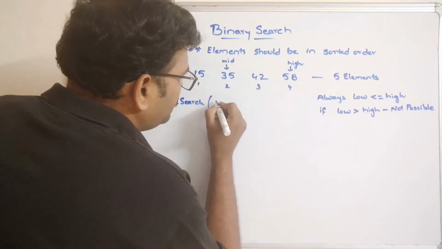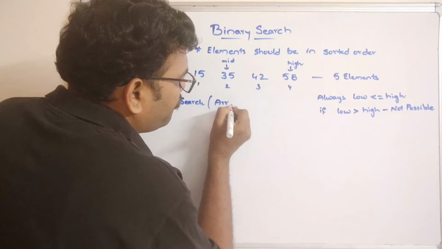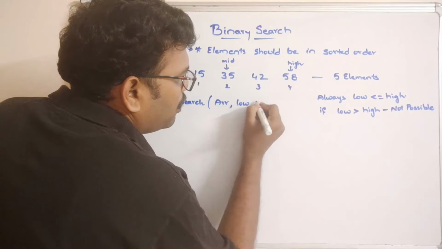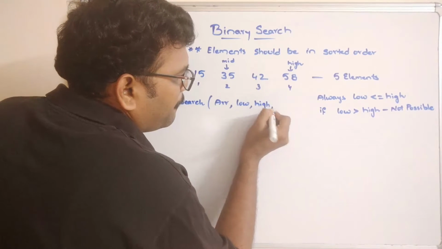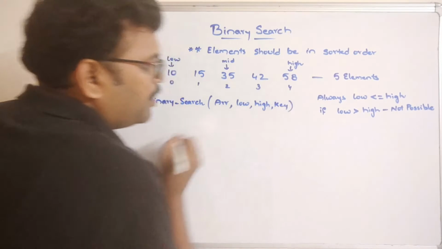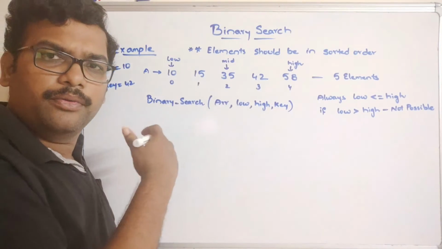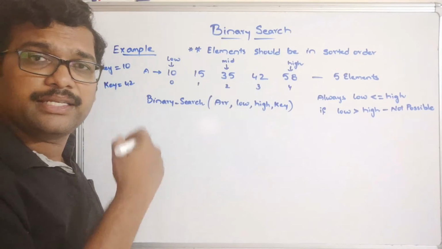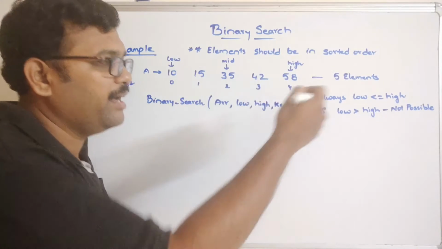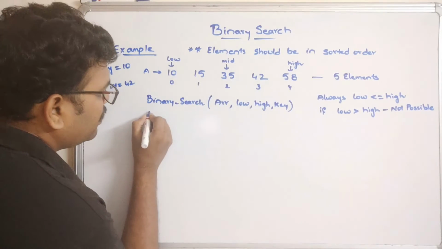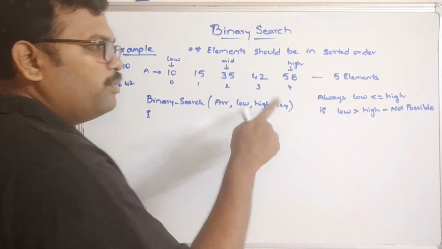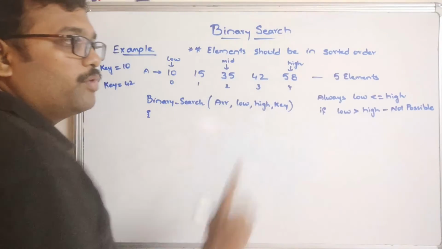So I will take it as array, low, high, key. So we need to follow this order. First one is an array, second one is low, third one is high, and fourth one is key.